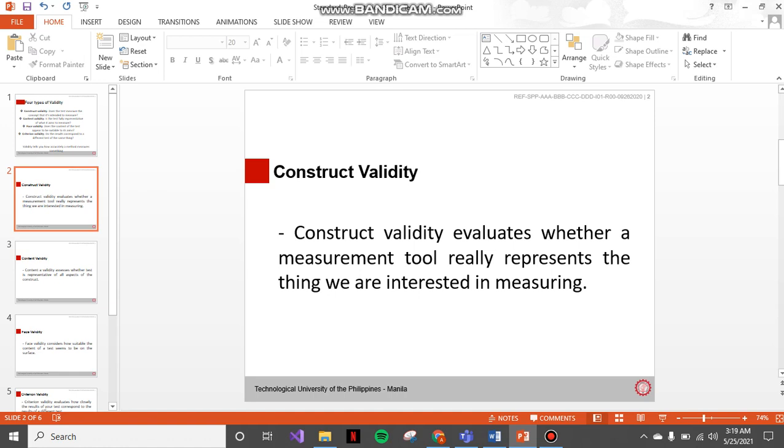So you need to remember that your assessment tools are carefully developed from the existing knowledge or the topics that you have taught to your students.